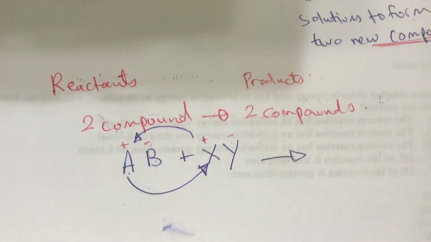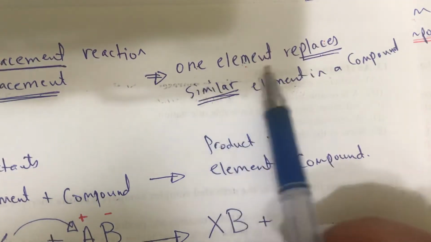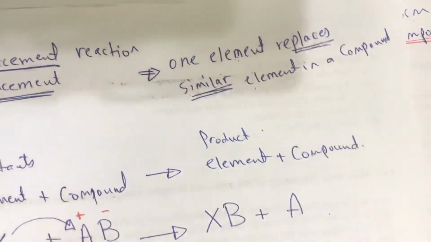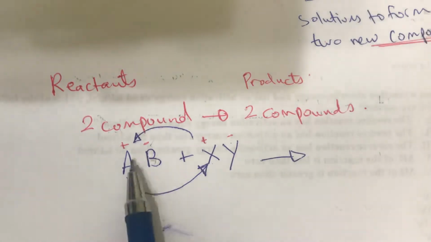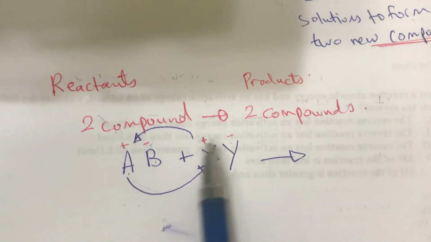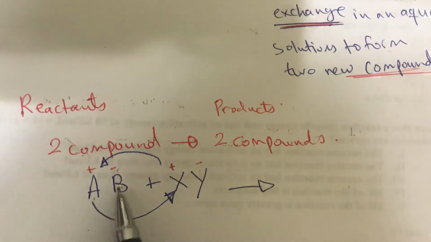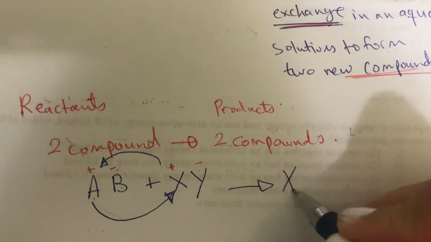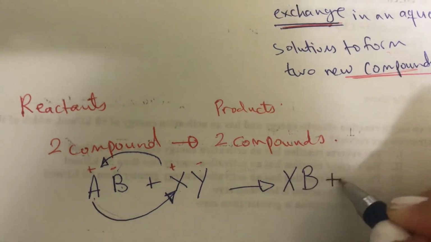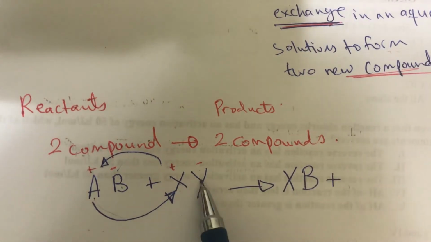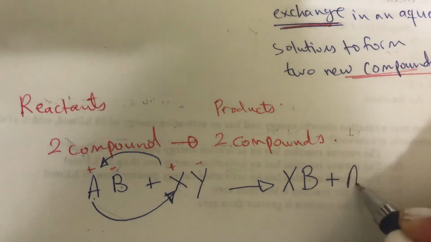So the rule is fixed: one element replaces a similar element. If positive replaces positive, if negative replaces negative. So what are the products? Instead of AB, it's XB plus, instead of XY, it's AY.